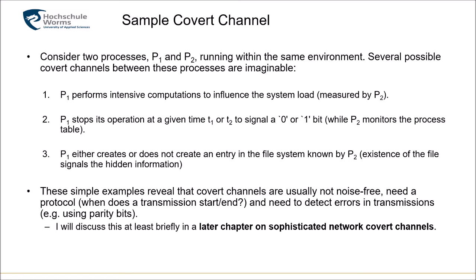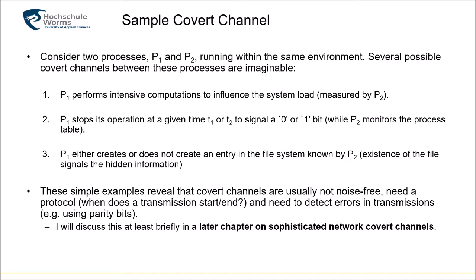These simple examples reveal that covert channels are usually not noise-free, because other processes, for instance, could also create the same file, or there could be delay due to scheduling. In the first example, using the CPU load, other processes could also influence the CPU load. Also, it's not clear when a transmission starts or ends, so it would be good to have a protocol that signals such meta information.